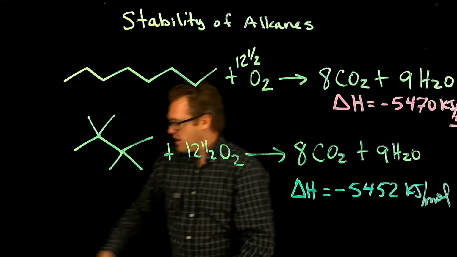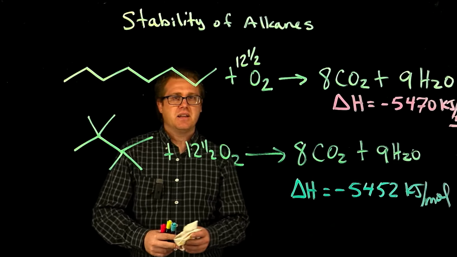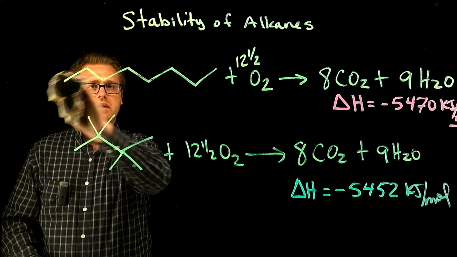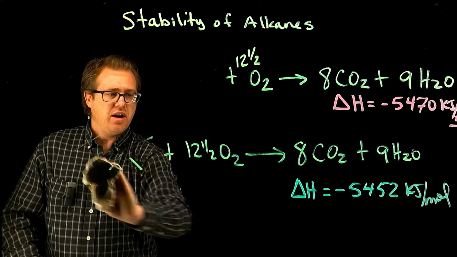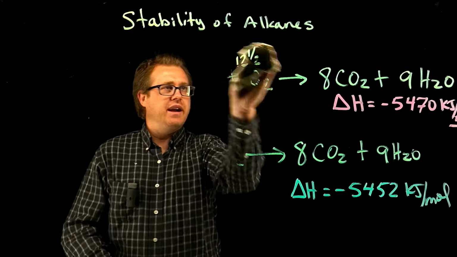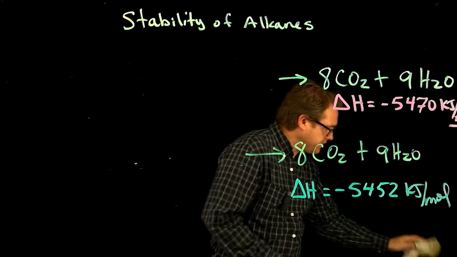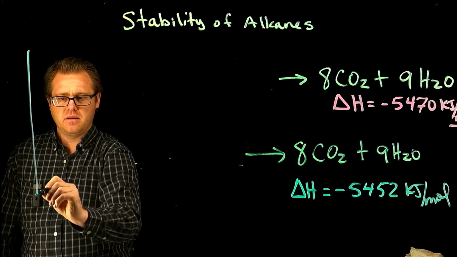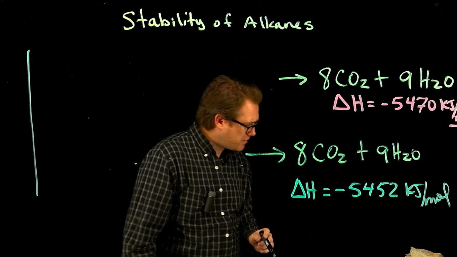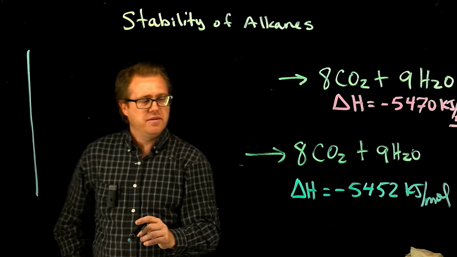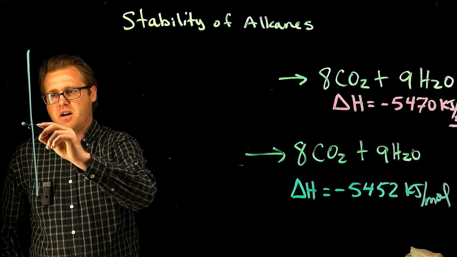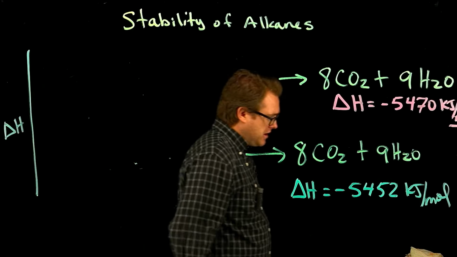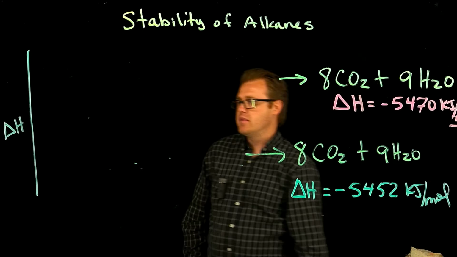So maybe to make sense of that, let's draw a diagram here to illustrate that. Okay. So if I draw myself an energy diagram here. Now what we have is our energy, the heat of combustion.